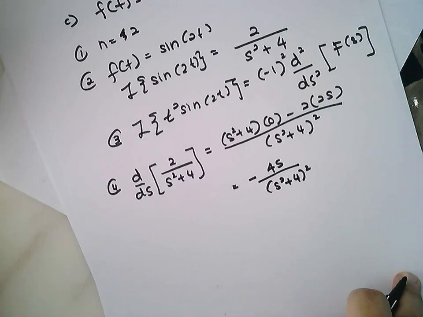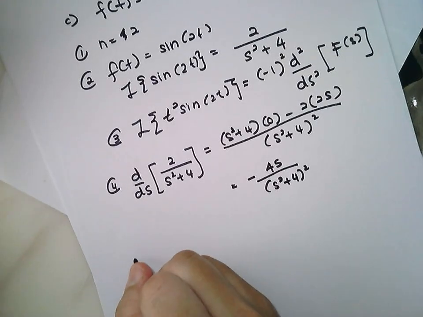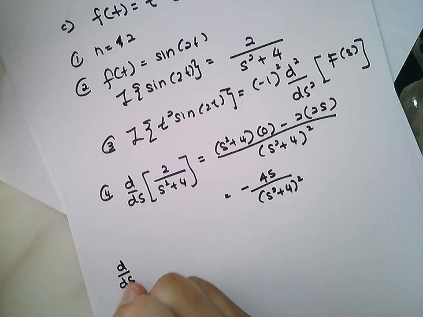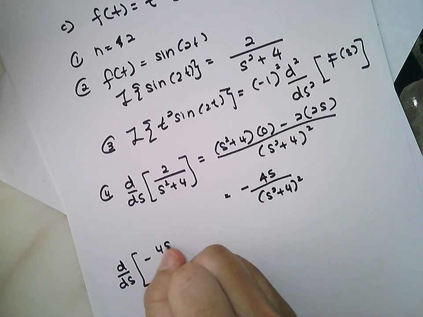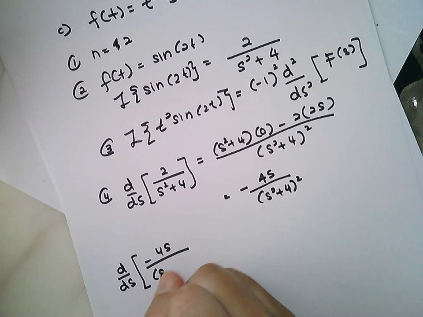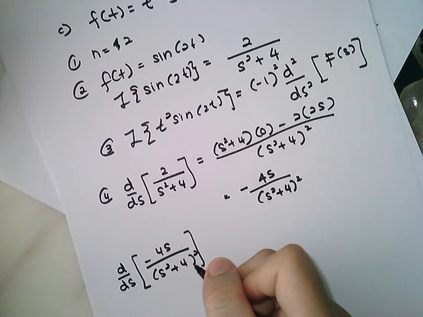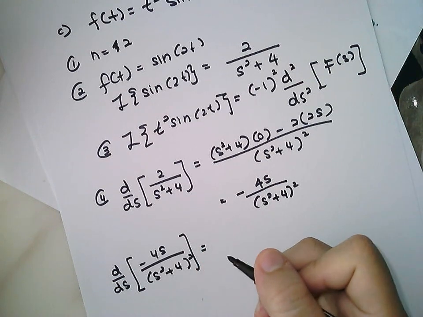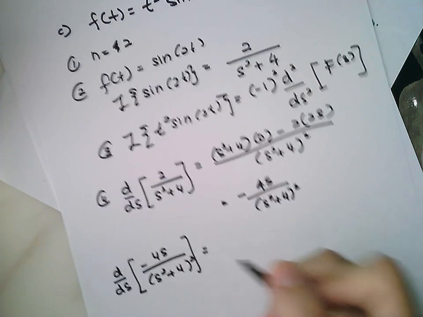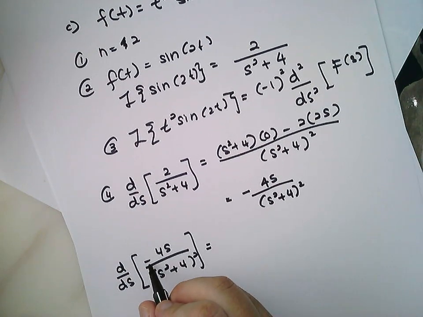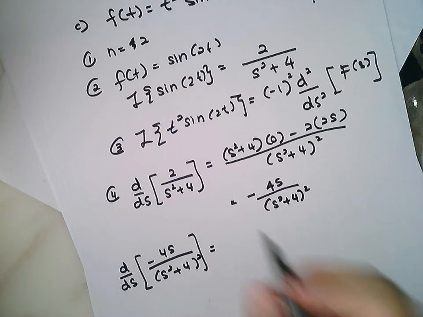The next one is to differentiate this function. So d/ds of negative 4s over s squared plus 4 the whole thing squared will give you... let's say I want to factorize negative. If you want to take the whole function as your u, you can also do that.